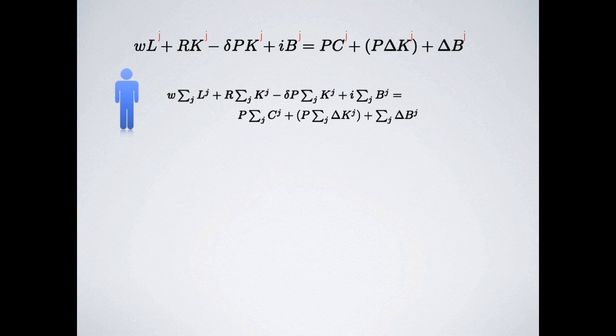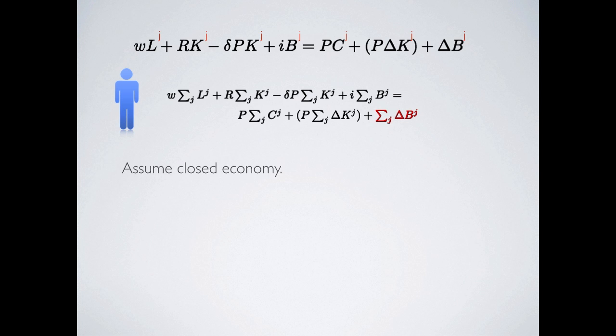Then we move on to the term of the summation of bond investment. We assume we are facing a closed economy, so there's no borrowing or lending from a foreign country.